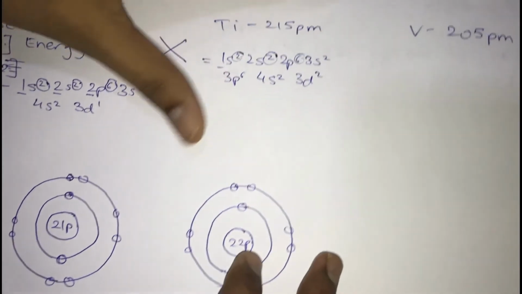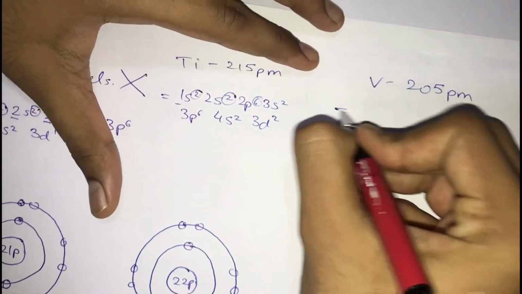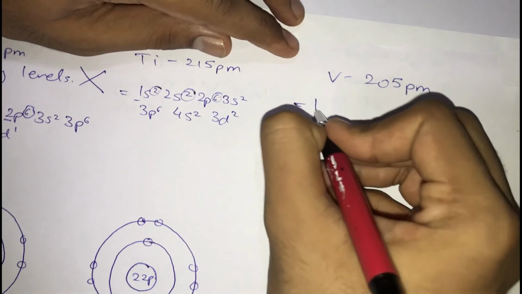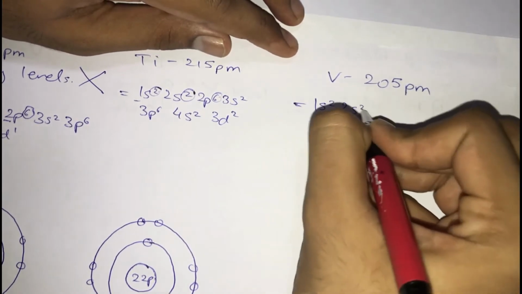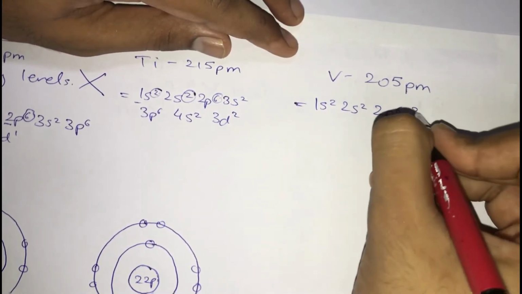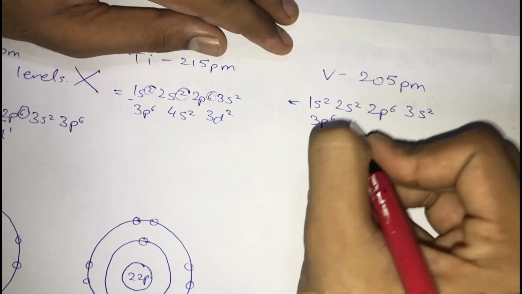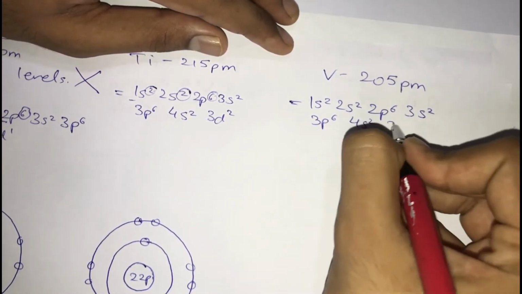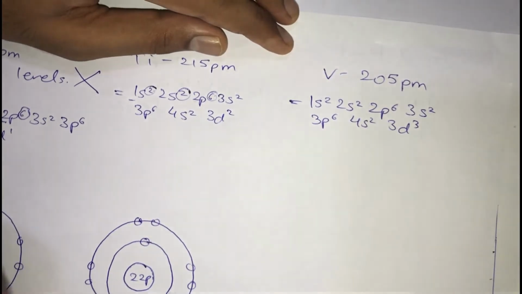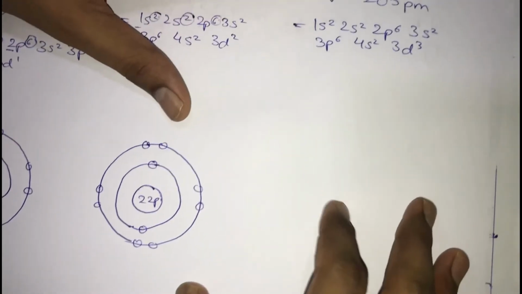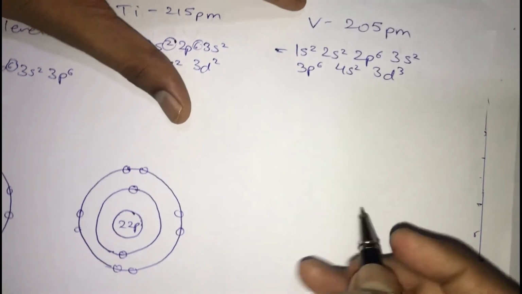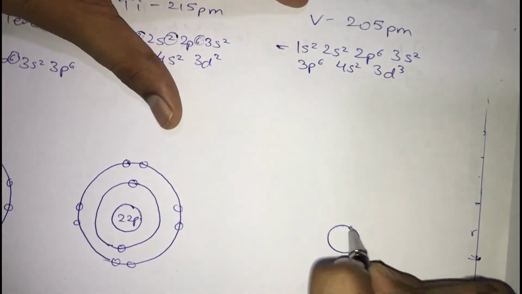So the electronic configuration of vanadium is nothing but 1s2, 2s2, 2p6, 3s2, 3p6, 4s2 and 3d3. Again, the atomic number of vanadium is 23, therefore it is obvious that there will be 23 protons present in the nucleus.